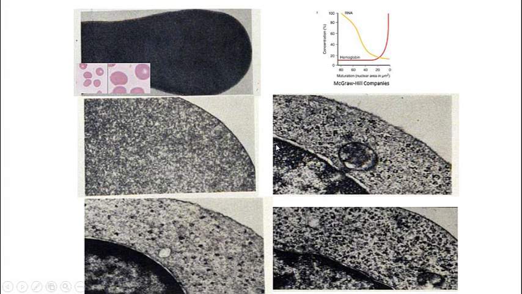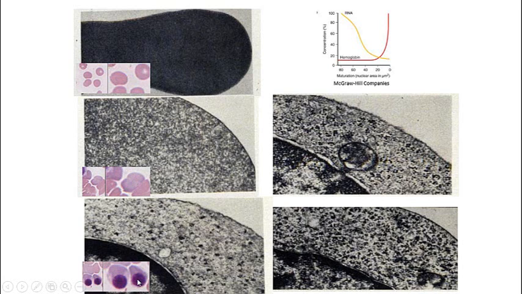If we look at the most advanced ones and then go back in terms of time, this would be the red blood cell, this would be the reticulocyte, and then the orthochromatic erythroblast, and then this is a polychromatic where you get a sea of ribosomes and also lots of hemoglobin.